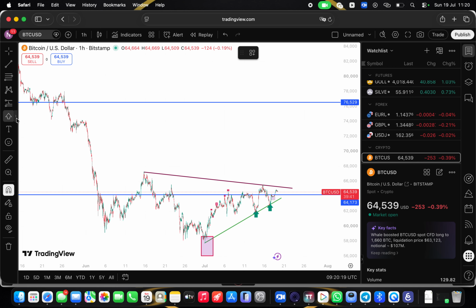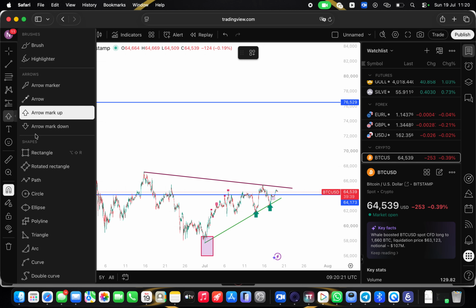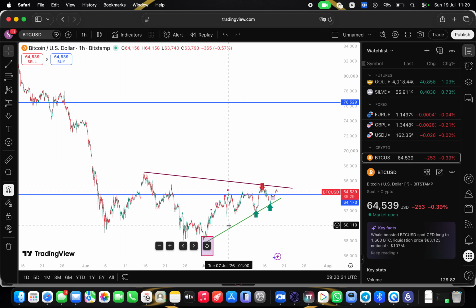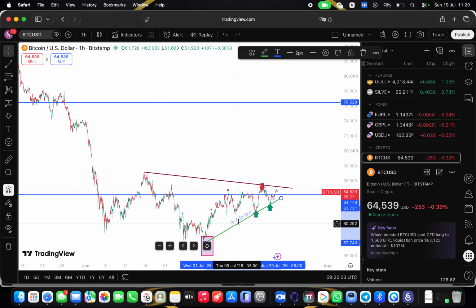As you can see, we connected here, and then in future we might connect anywhere else when the market touches our trend line. So I'll just add text here on the trend line and say upward trend line.